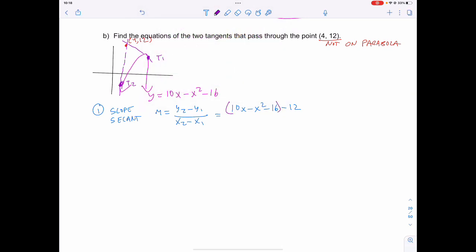Remembering that this is my f of x, and that's going to be divided by x minus 4. So that's going to give me 10x minus x squared minus 28 all over x minus 4.